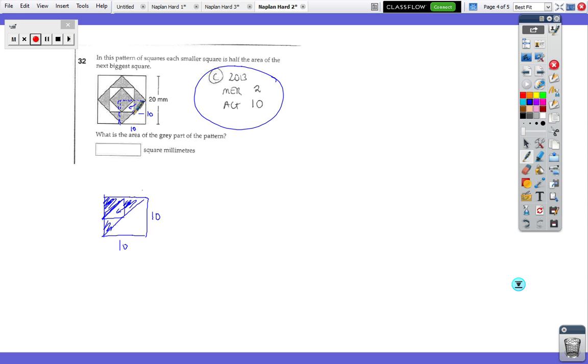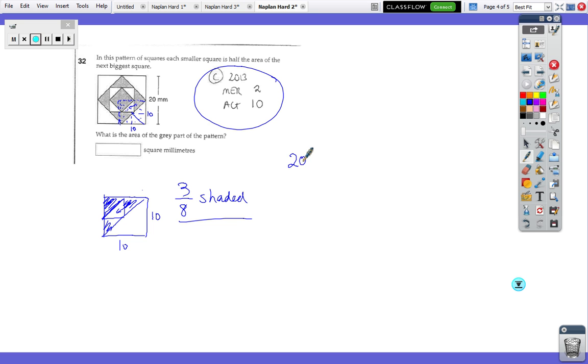When you look at all of them, I've got 1, 2, 3, 4, 5, 6, 7, 8, and 3/8 of them are shaded. So that's going to be the same for the whole shape, so 3/8 of each corner will be shaded.